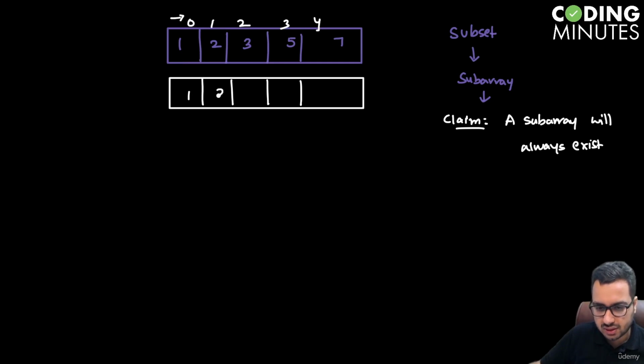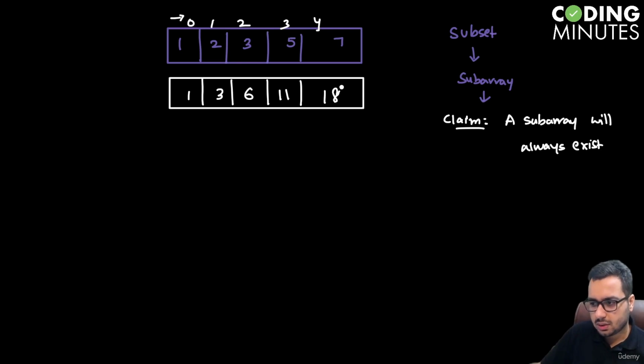The sum till this point is 3. This is 3 plus 3, which is 6. This is 11, and this is 11 plus 7, which is 18. Sorry, this sum should be 18.